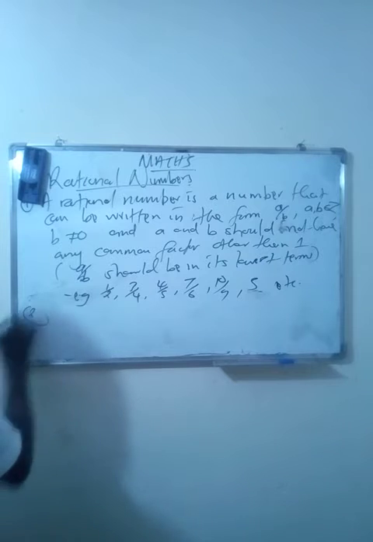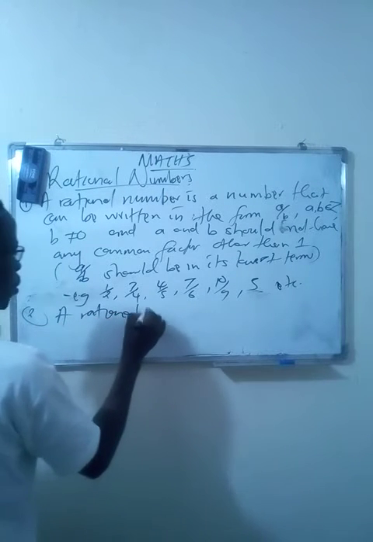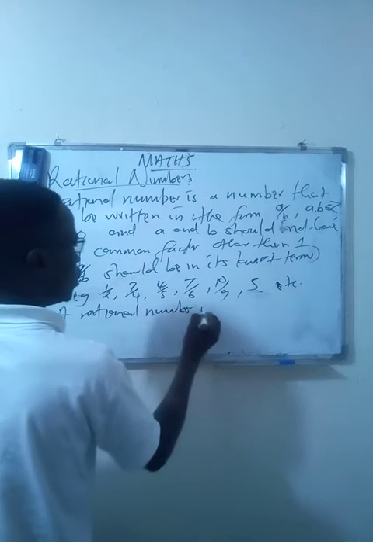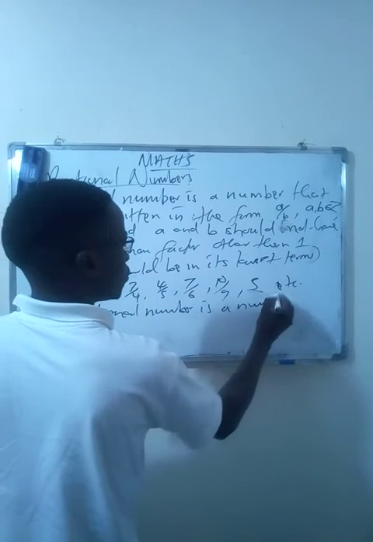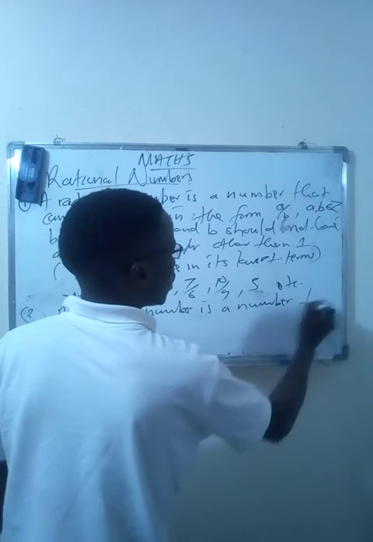Then the second definition we talked about is that a rational number is a number that has a repeating and non-terminating decimal. I'm being a bit quick because we already discussed that.